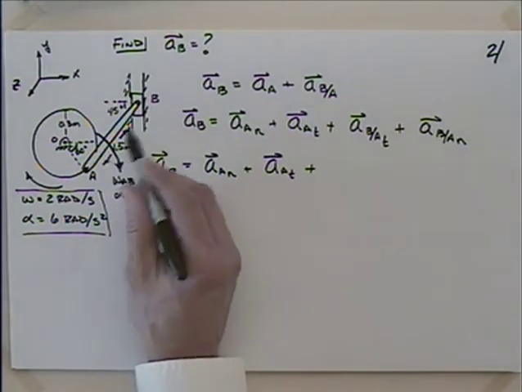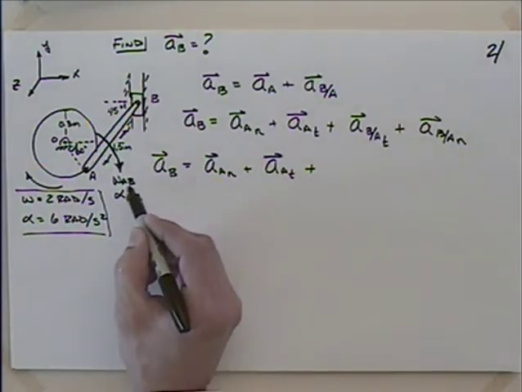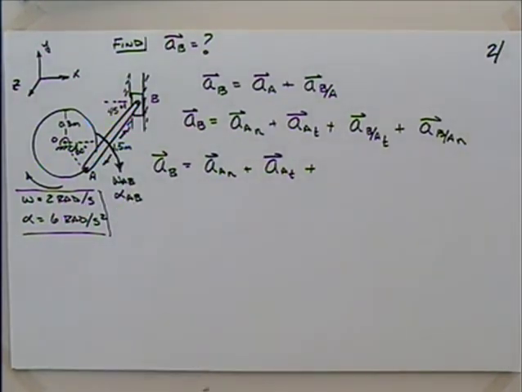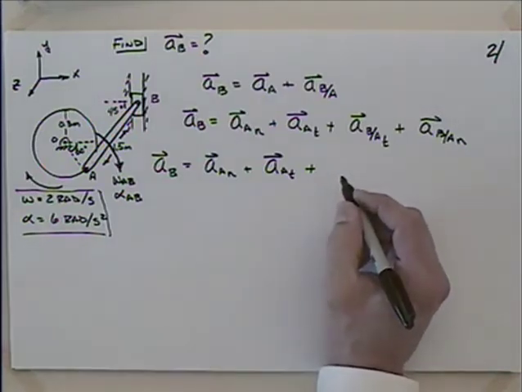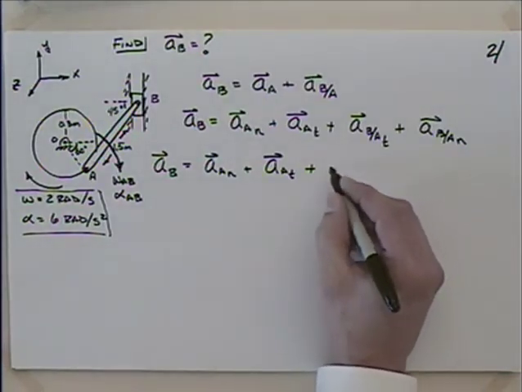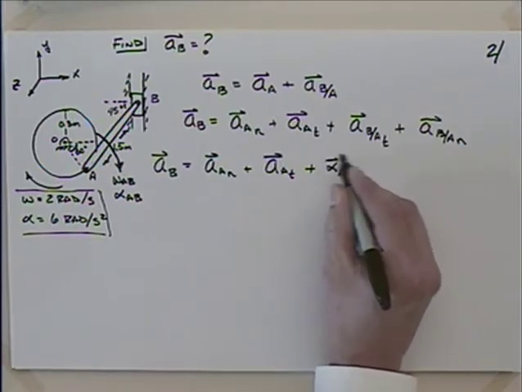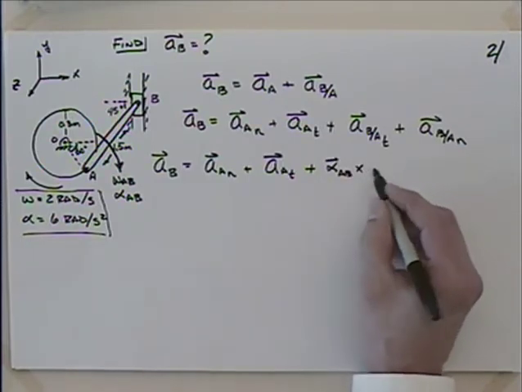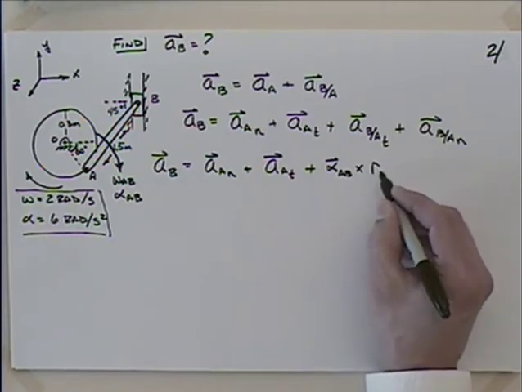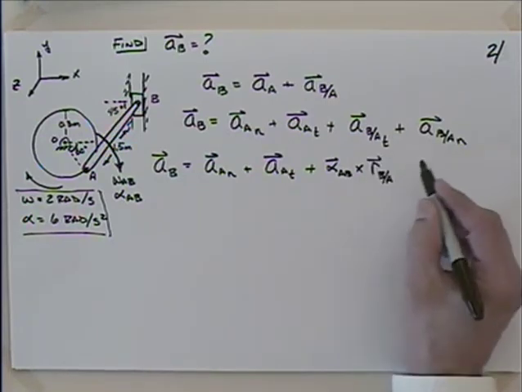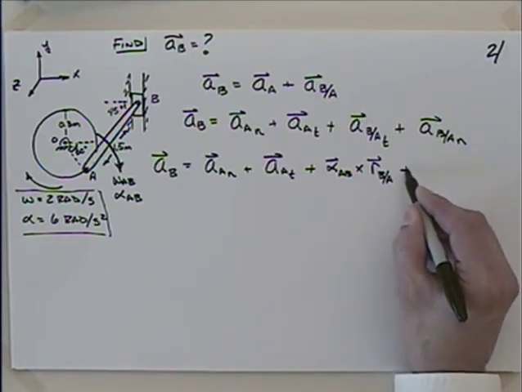But I'm going to assume that this link has some angular velocity, omega AB and alpha AB. You might say, well, how did you assume it was clockwise? I just guessed. Okay? If I'm wrong, I get a negative sign. That's fine. So then when I expand this out, I could say that this would be alpha AB crossed with what? R of B with respect to A. And then that's the tangential piece.